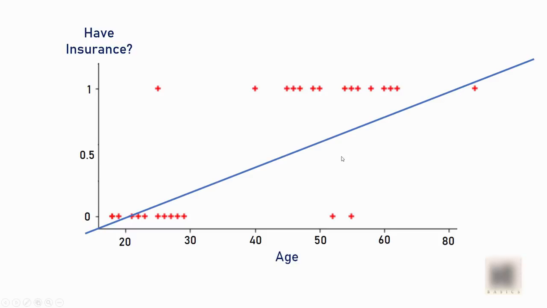In this case, when I draw a separation between the two sections using the 0.5 value, the problem arises with these data points. Actually, the answer was yes here, but my equation predicted them to be no. So you can see that this is pretty bad when you use linear regression for data like this.